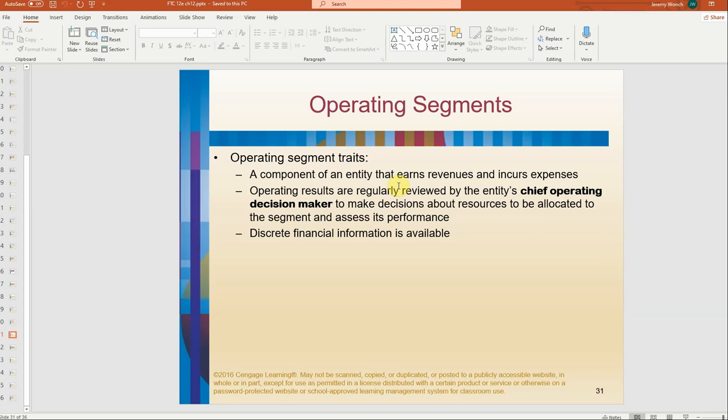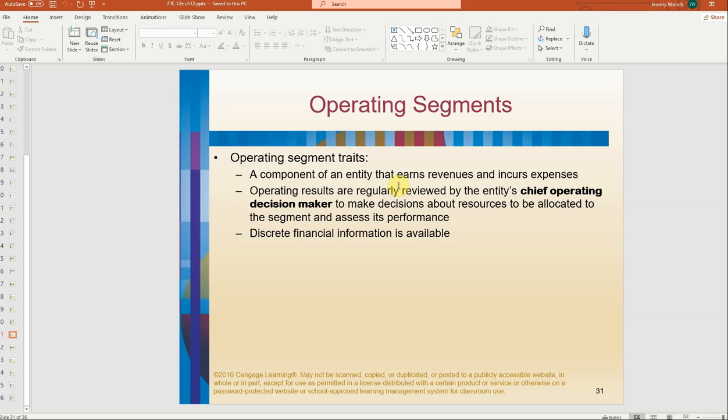So it's a really vague definition. It's basically, whoever the chief decision maker is, whatever they're looking at to gauge performance, whatever information they're interested in, that's probably going to be the same information that the readers of the financial statements are going to be interested in.